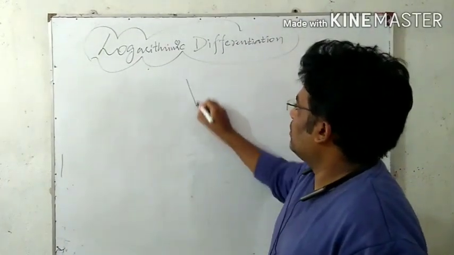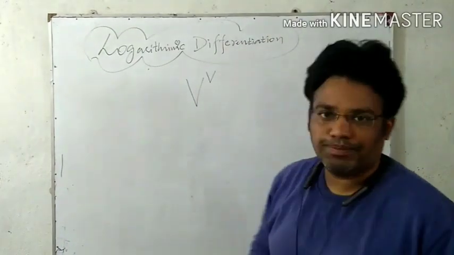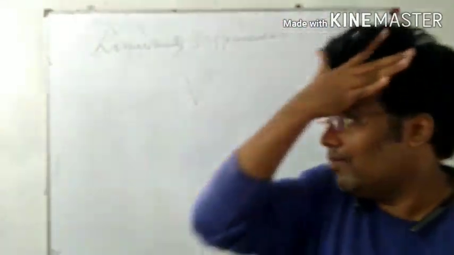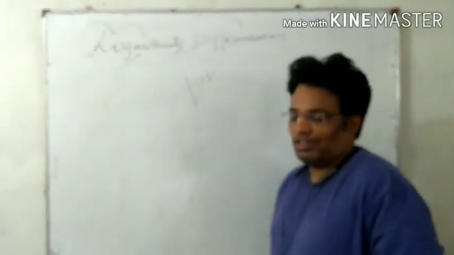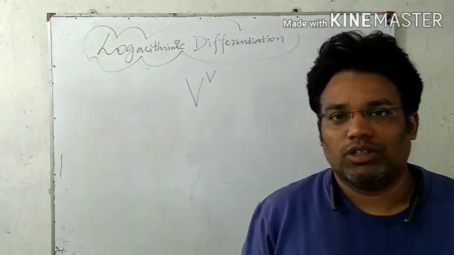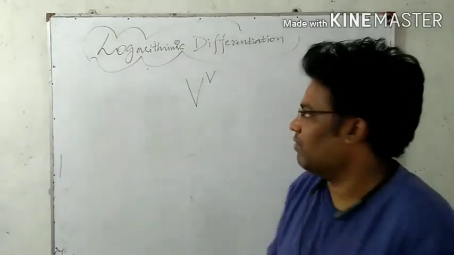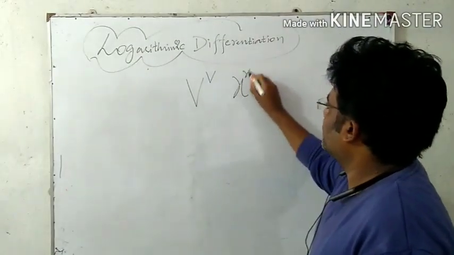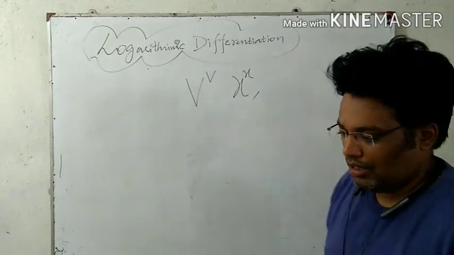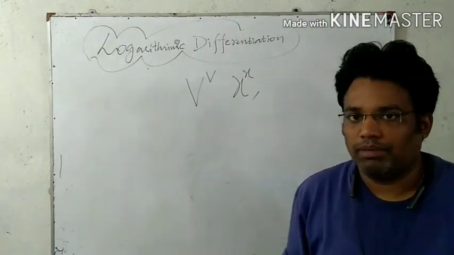So let's go with variable power variable. This is the meat of the matter here. Variable to the power of variable. You would not have come across problems of this type so far. For example, what's the differentiation of x power x? There is no essence of x power n or a power x.